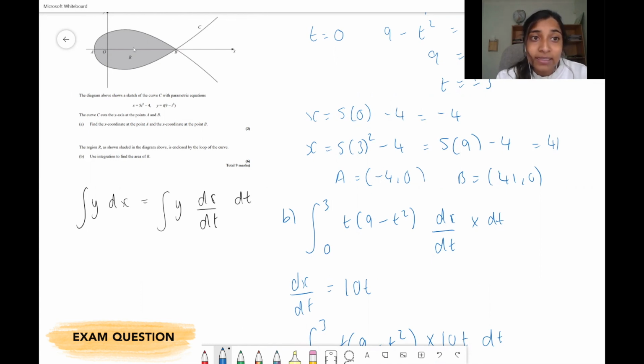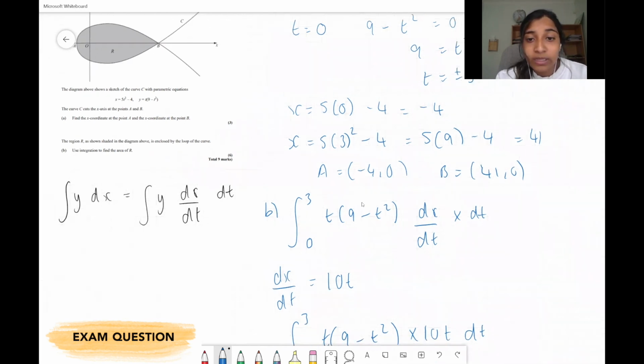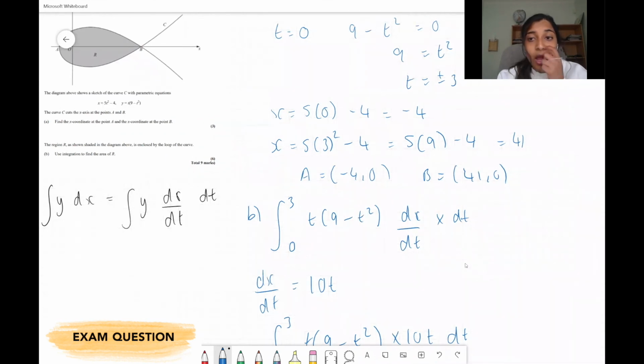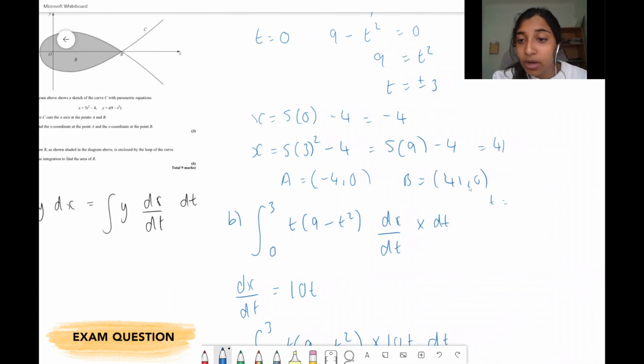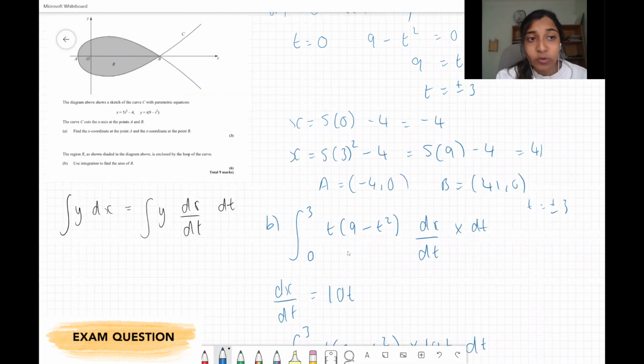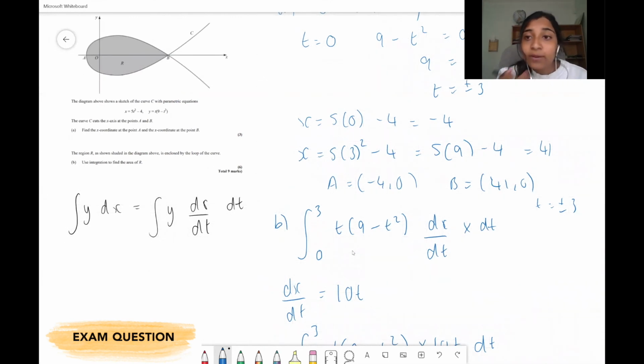If you remember, our b value is at either when t is equal to plus or minus 3. So this integral that we just did, between 3 and 0, just gets the one above the x-axis.